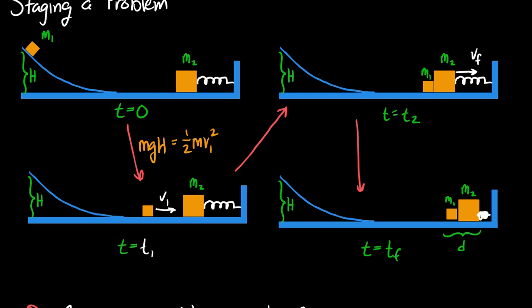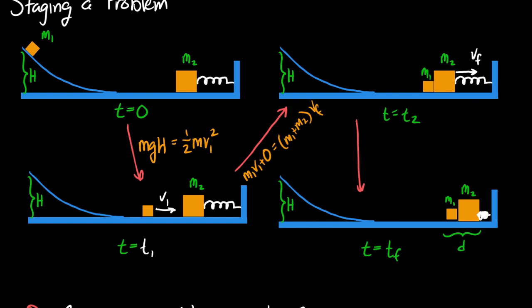In the next transition from T1 to T2, there's a collision. The instantaneous moment before the collision, all of the momentum is in the first block. And the instantaneous moment after the collision, all of the momentum is in both blocks. Right?